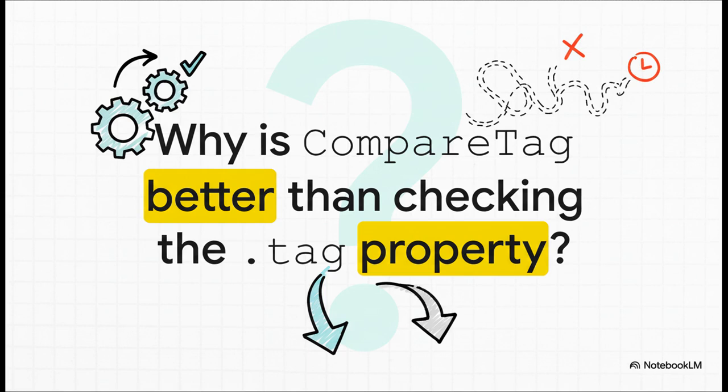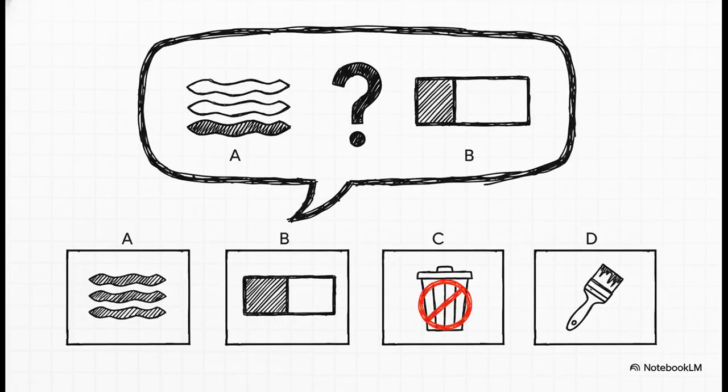Okay, final question. Let's circle back to identification. We already know that CompareTag("Player") is preferred over gameObject.tag == "Player". But why? The exam will want you to know the reason. So is it A, because it uses physics layers, B, because it allows partial matching, C, because it avoids allocating new string memory, or D, is it just a style preference?